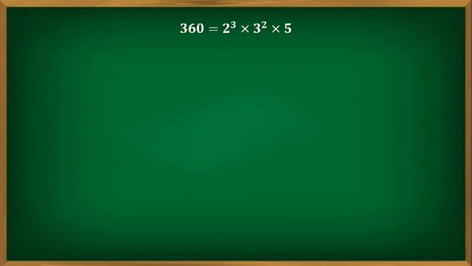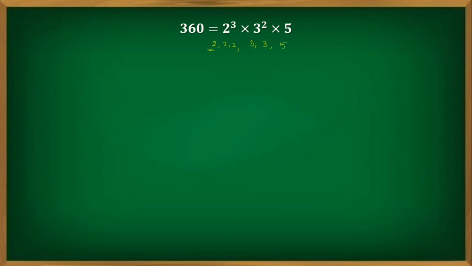So instead of doing it like this, we have a direct formula to find the number of divisors. First we will see how we get that formula, and then we'll use it to find the number of divisors. Now 2 cube means here we have 3 2s, 3 square means you have 2 3s, and you have 1 5.